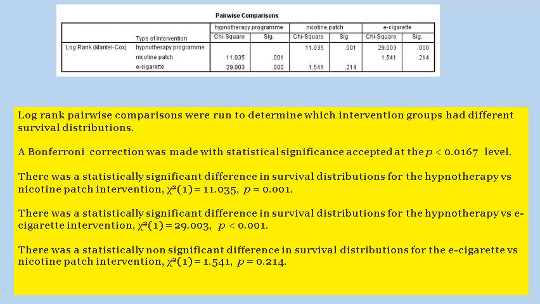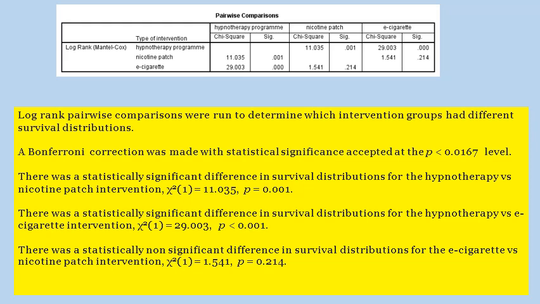Pairwise comparisons were run to determine which intervention groups had different survival distributions, and a Bonferroni correction was made with the statistical significance accepted at the p-value less than 0.0167 level. Okay, this is the way you need to present in publication.